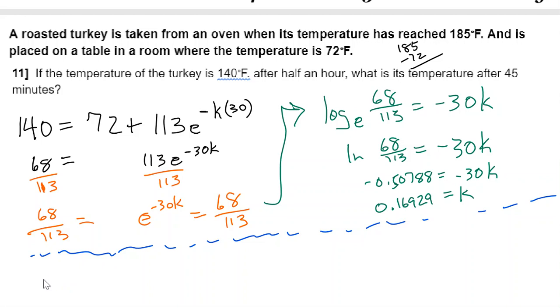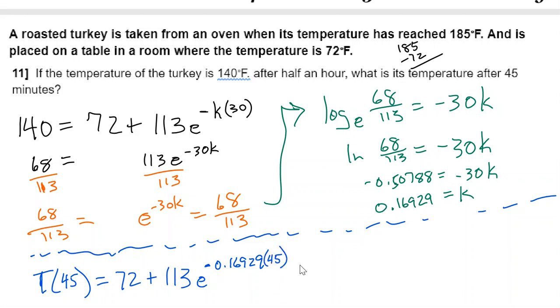That is the temperature after 45. 72 plus 113 times e to the negative 0.016929 times 45. So I'm going to say second e negative 0.016929 times 45, close the parenthesis.